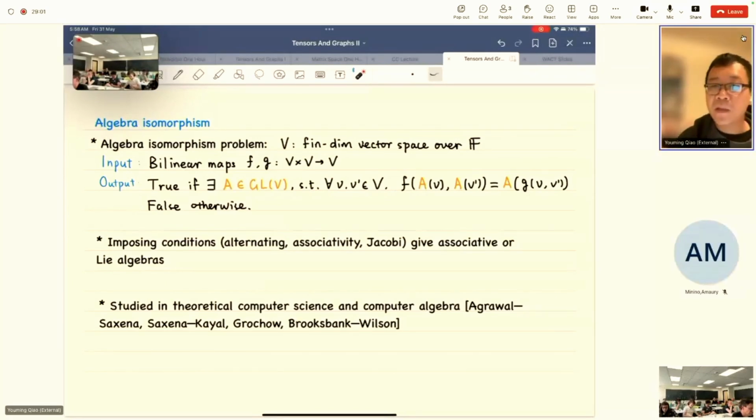So it's quite similar to what we just saw, but the action is somewhat different, because now we have only one invertible matrix A acting on the three sides. So this is algebra isomorphism.